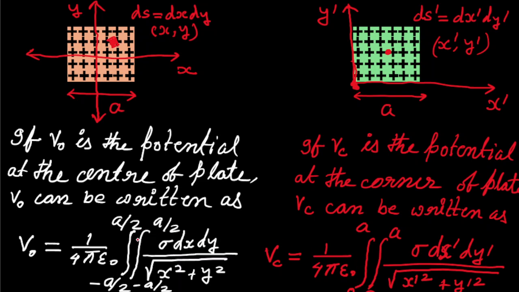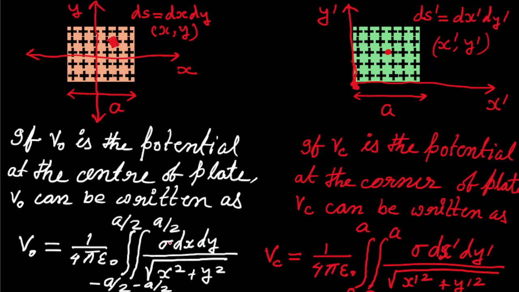So if we can change these limits and make identical limits for both integrations, then since the function is almost the same, if we take the ratio, the two integrals will cancel each other out and the remaining part will give the correct answer for the ratio of the two potentials.